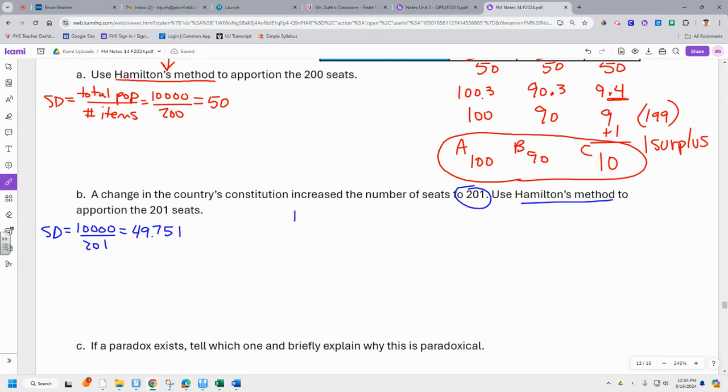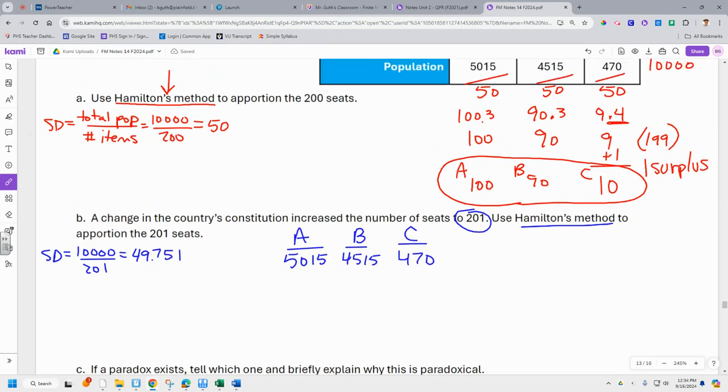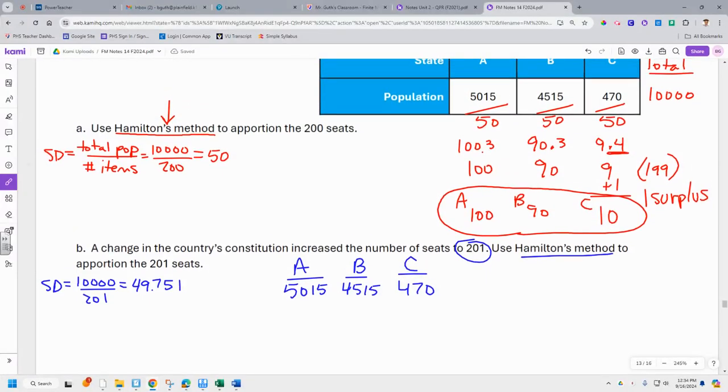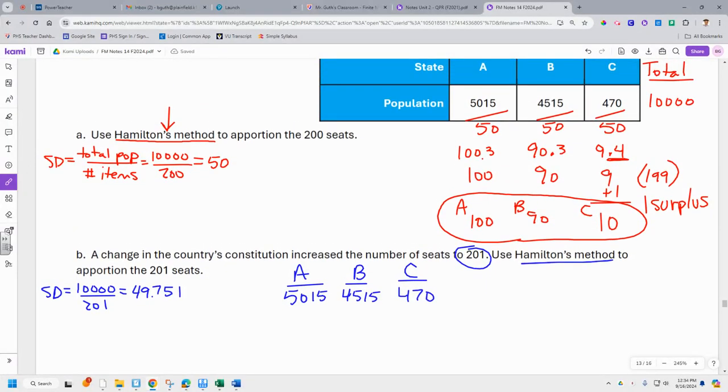But then we have to redo Hamilton's apportionment. So those totals, the group populations were 5,015, 4,515, and 470. That came from the table above. But we're going to divide by this standard divisor. So let's divide.